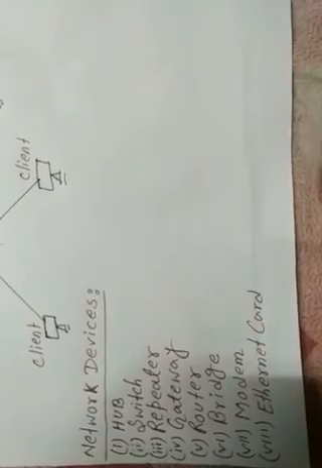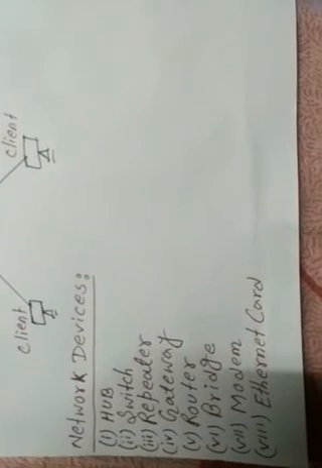Then we will discuss modem. Modem stands for modulator and demodulator. It is used to connect internet in a computer. Why is a modem required? Because to connect internet in a computer, a telephone connection is required.